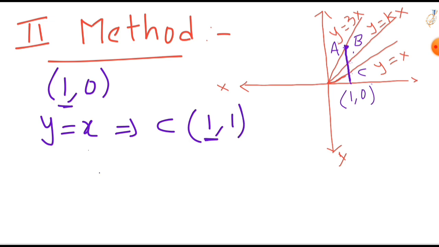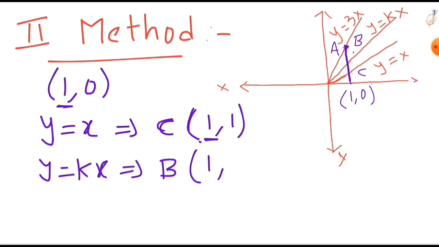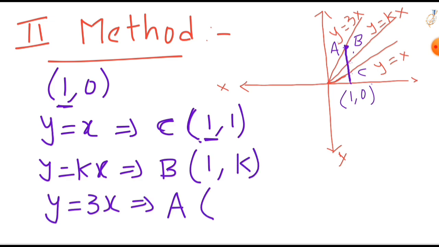If you substitute x value equal to 1 in the equation, then y value is also 1. So that's why the C point is 1, 1. Our B point is on the line y equal to kx, so our x value is 1. If you substitute 1 in this equation, then you will get 1 times k, that is equal to y. The y value is k. Similarly, the point A, the values are 1, 3.